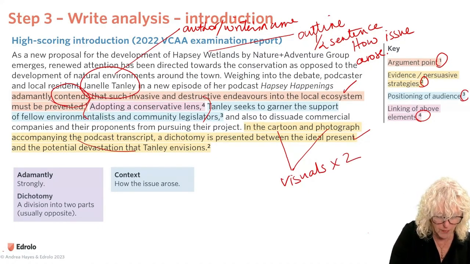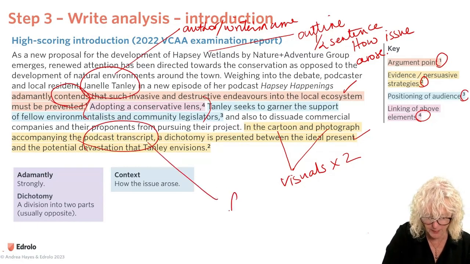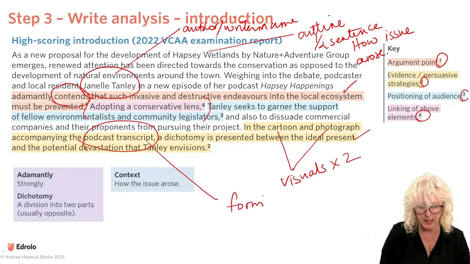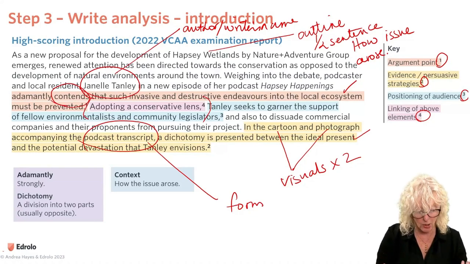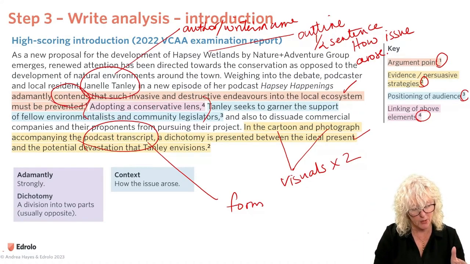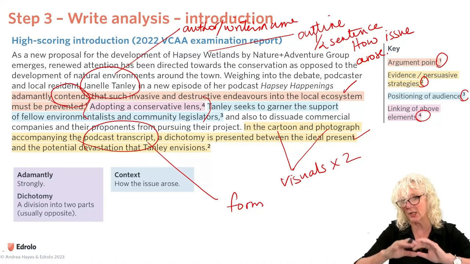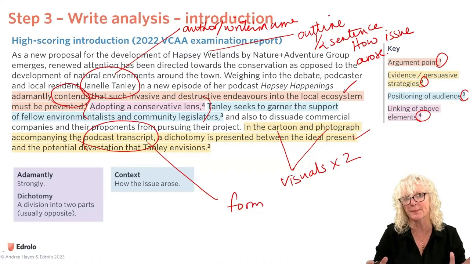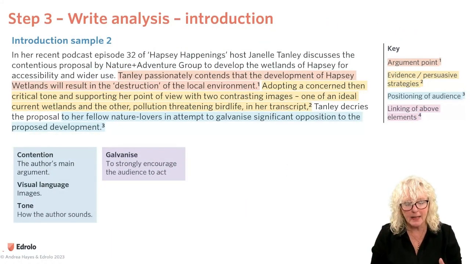The form, that it's actually a podcast script, and the fact that it is a dichotomy, the 2 parts presented between ideal present and potential devastation, is more of that big picture. Really good to put in your intro. Here's another introduction sample. This one more succinct.